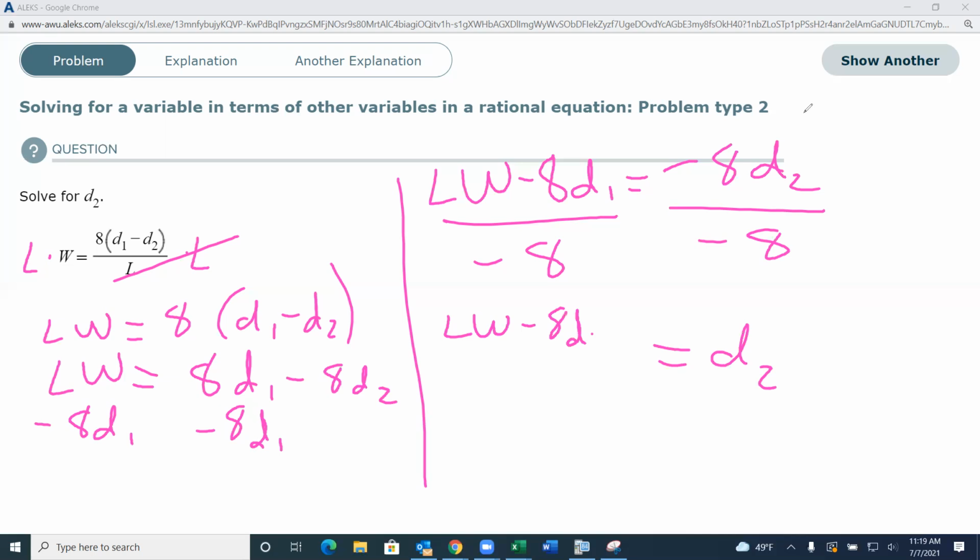And I could tidy things up. Maybe, if I felt like it, I could divide that negative 8 into the LW and also into the 8D1. But I don't need to worry about that. That's how it's done. So I had to get rid of that denominator and the parentheses.